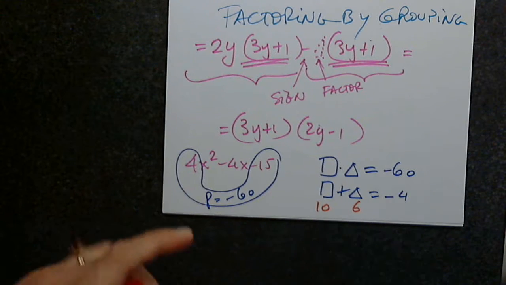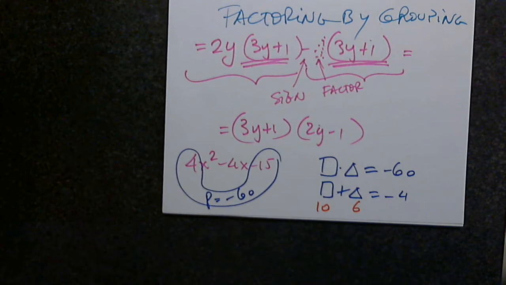Okay. Perfect. I was going to ask you, since again the product is negative, 1 must be negative. And since the sum is negative, the number with more power must be the negative.